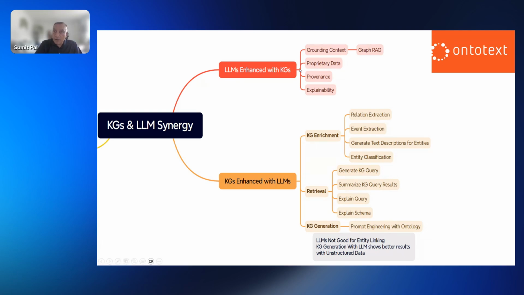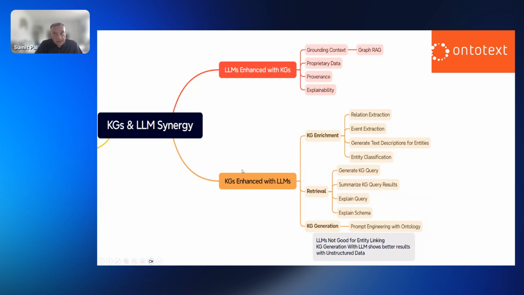LLMs can also be enhanced with knowledge graphs that hold proprietary data, domain-specific knowledge graphs. An LLM enhanced with a knowledge graph can provide provenance, linkage to where it's getting the answer from, and that, to a certain extent, helps with explainability.